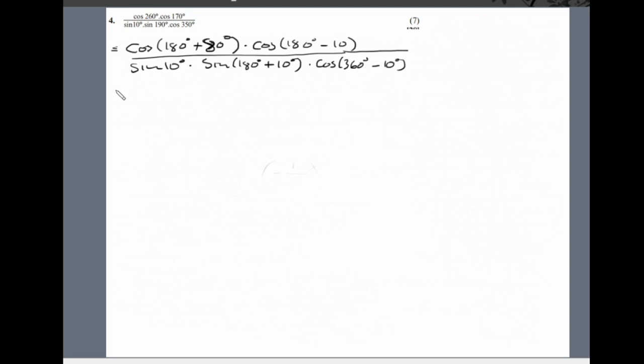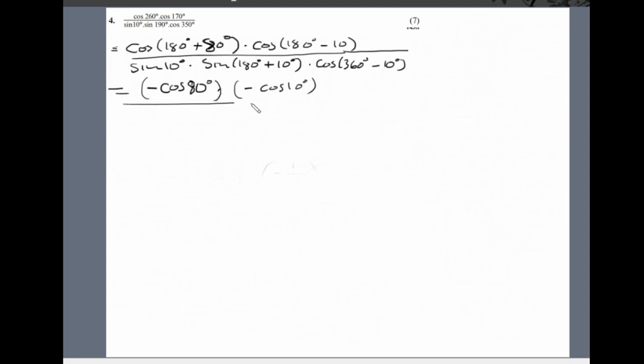Okay, and then cos (180 plus 80): 180 plus, so you go to the third quadrant where cos is negative, so this will be minus cos 80. And then cos (180 minus 10), 180 minus 10 is second quadrant where cos is negative, so we will have minus cos 10.